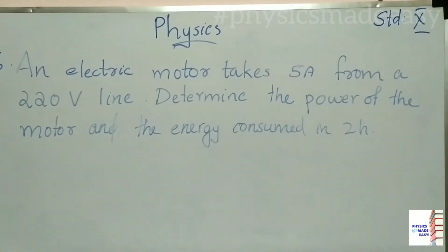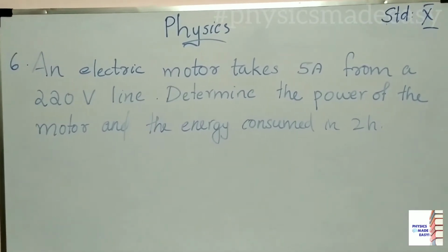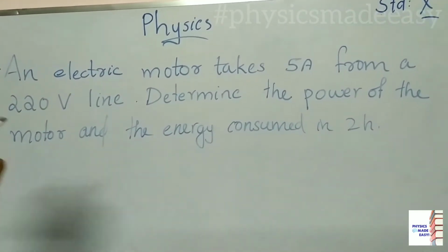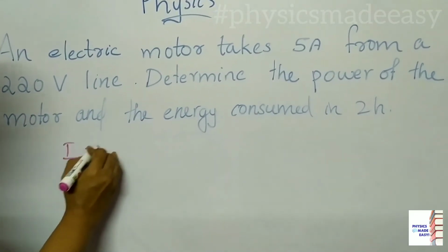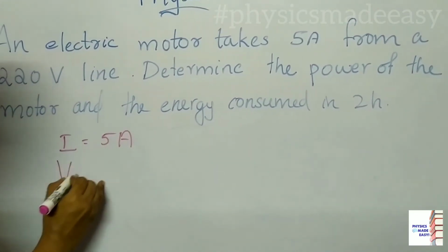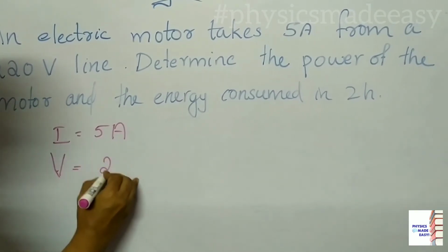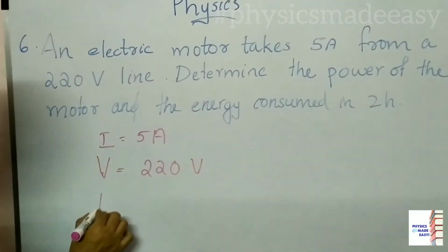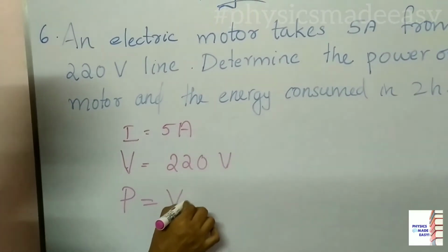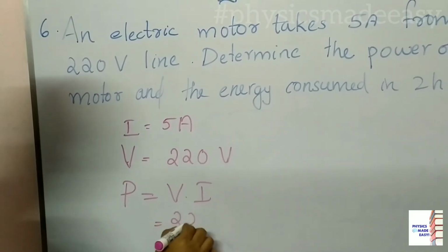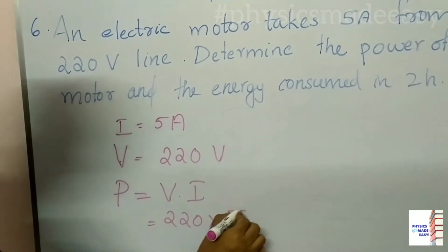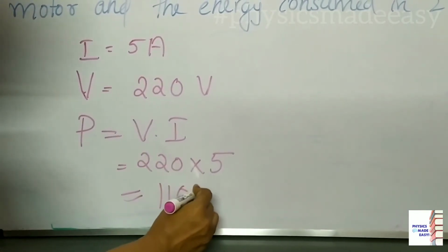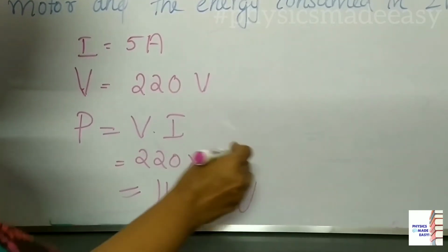An electric motor takes 5 ampere from a 220 volt line. Determine the power of the motor and the energy consumed in 2 hours. Here you can see current is 5 ampere. Potential difference we can take as 220 volt. Determine the power of the motor. P is equal to V into I, 220 into 5, is equal to 1100 watt.